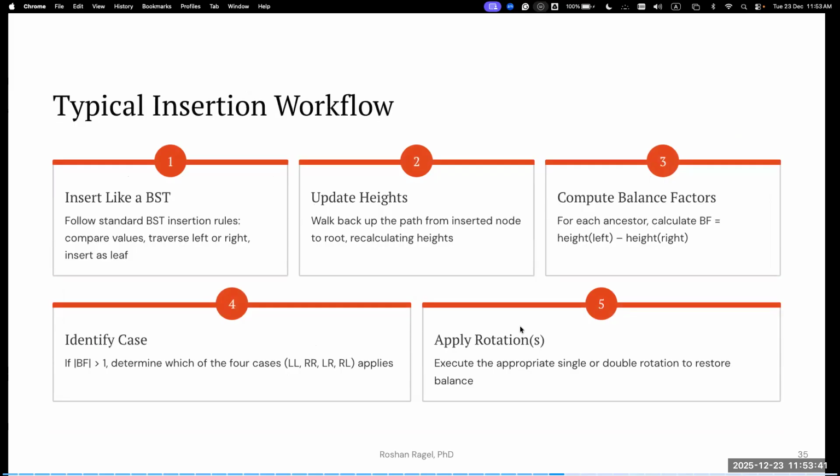So here is the order in which the algorithm works. I haven't gone into detail, and some of you are asking this question already. Insertion works like the binary search tree insertion. We already have discussed this: traverse, find the place, and insert. And we'll be updating the heights based on the insertion, because insertion will change the heights. When the heights are recalculated, we'll also calculate the balance factor. Balance factor is basically the height difference between the two sides.